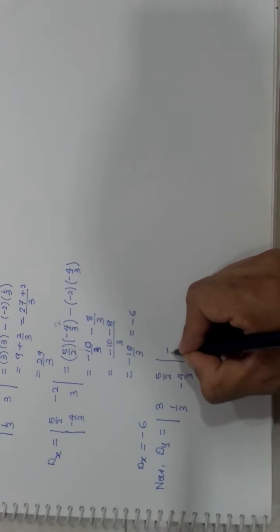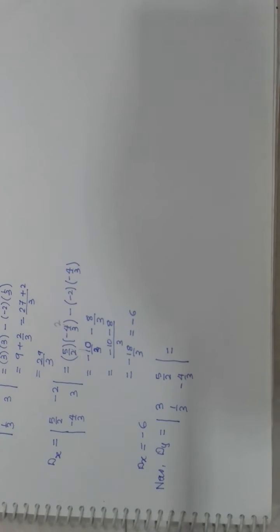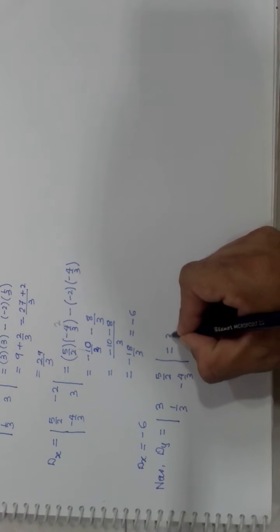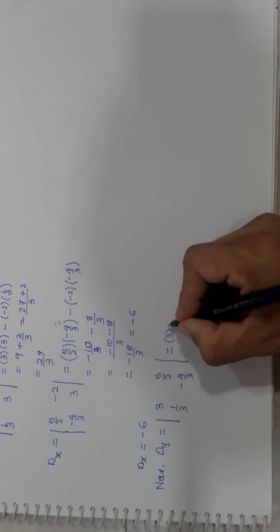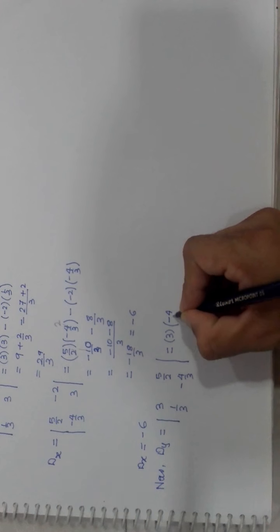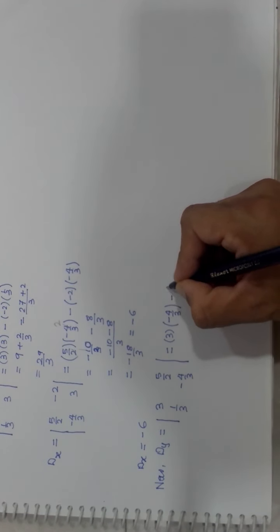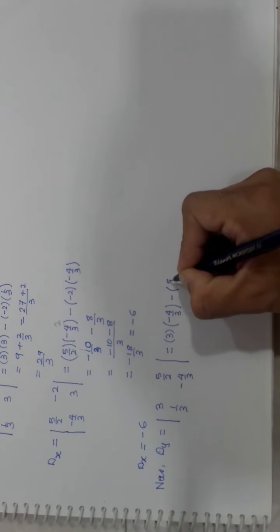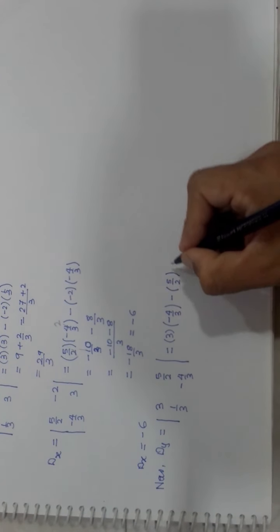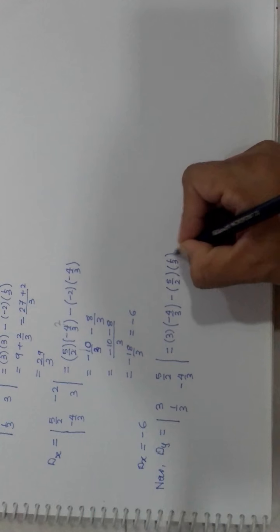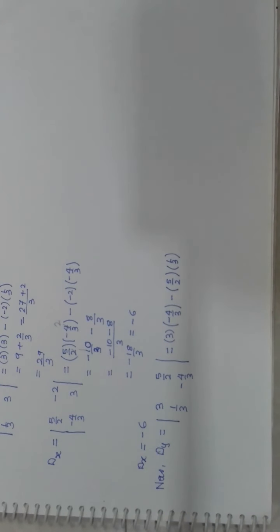The multiplication process remains same, so I get here the diagonal element product, that is 3 into -4/3 minus bracket 5/2 into 1/3. Cross check it once again because there may be small mistakes in writing also. 3 into -4/3 minus 5/2 into 1/3 is correct.